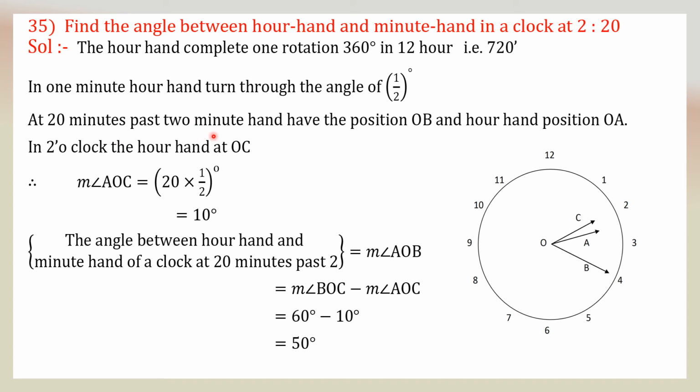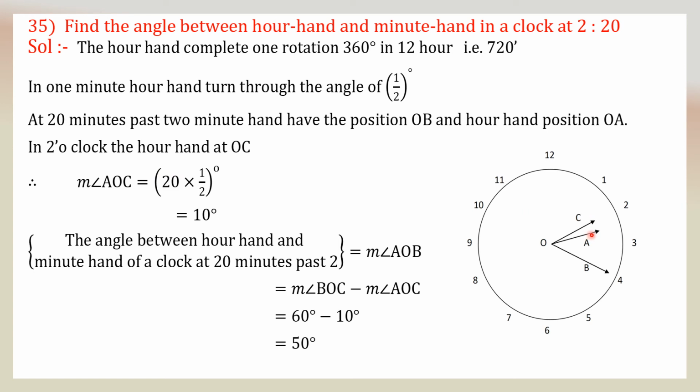At 20 minutes past 2, the minute hand has the position OB and the hour hand has the position OA.